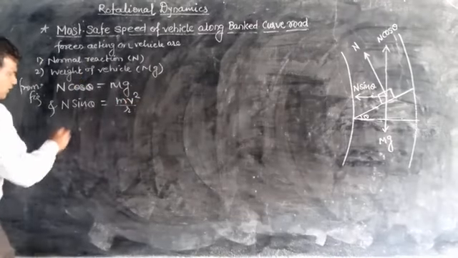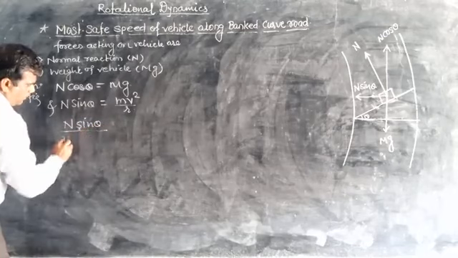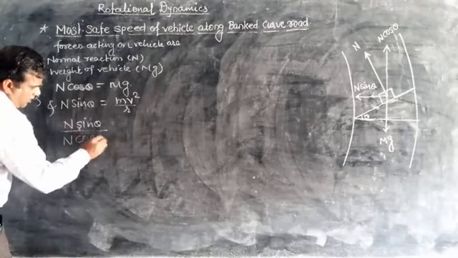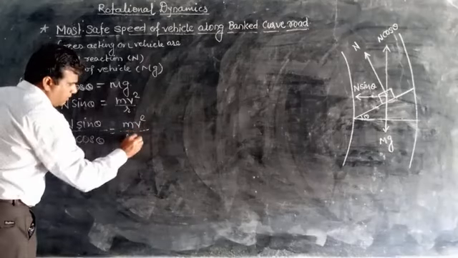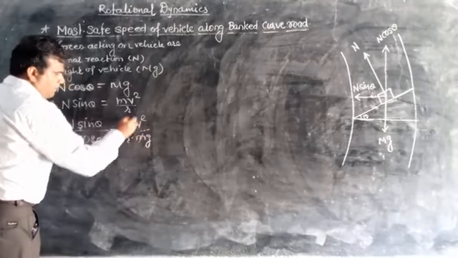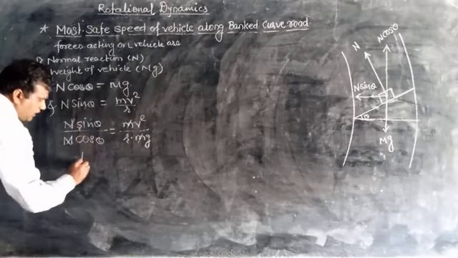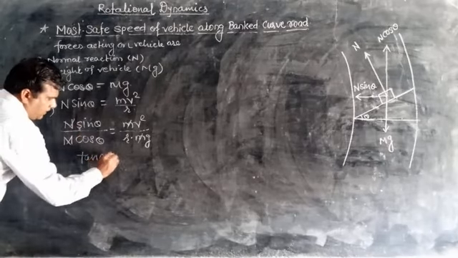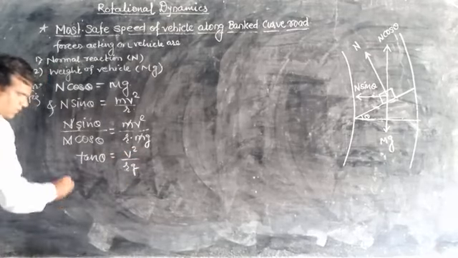From these two equations we can write N sin theta upon N cos theta is equal to mv square upon r upon mg. This m gets cancelled, N gets cancelled. Then sin theta upon cos theta is equal to tan theta. This is v square upon rg.